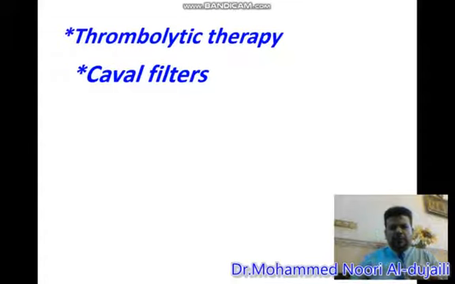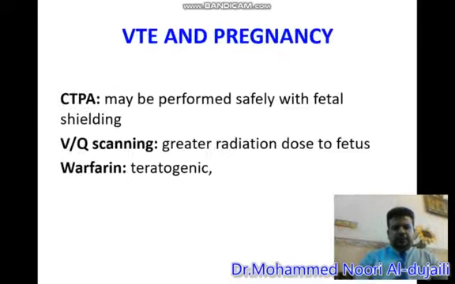We can use a caval filter through an IV guide catheter into the inferior vena cava, and then it is inflated and becomes a caval filter to prevent the movement of the thrombus from the lower limb into the pulmonary circulation, as pulmonary embolism is the most dangerous complication of deep venous thrombosis.